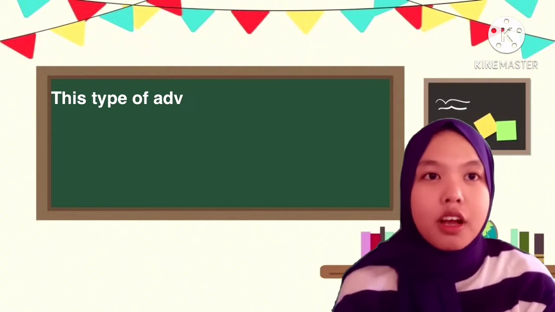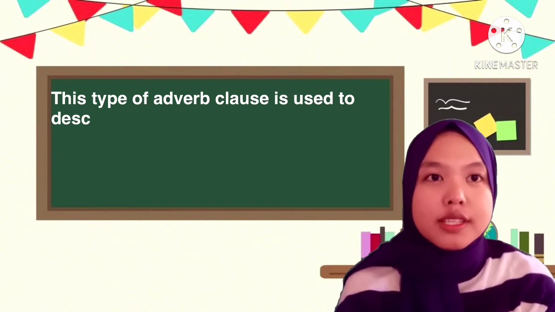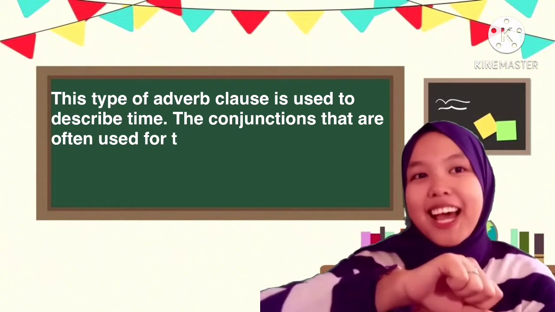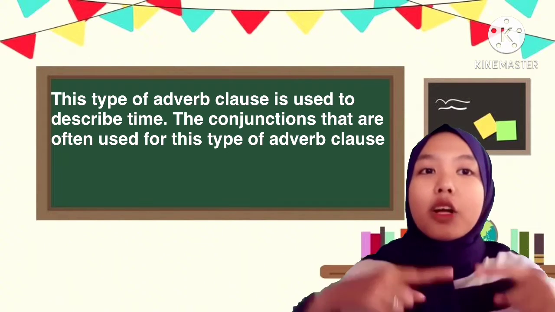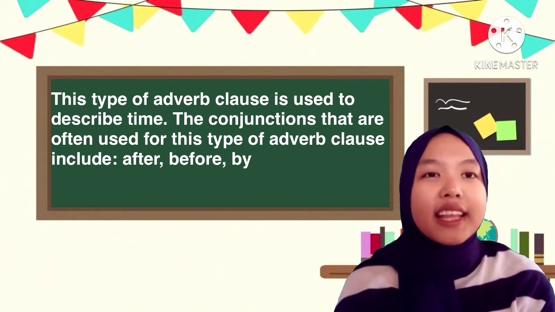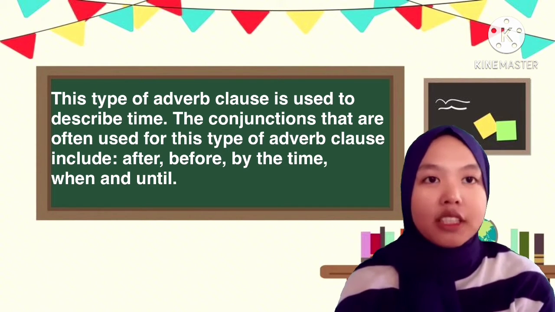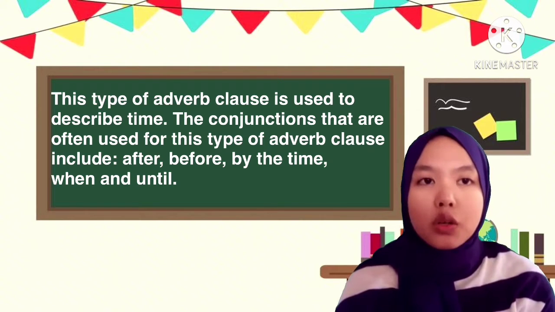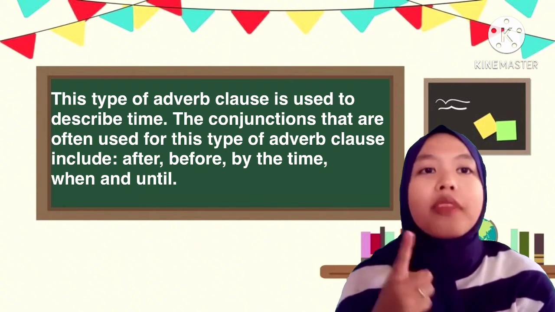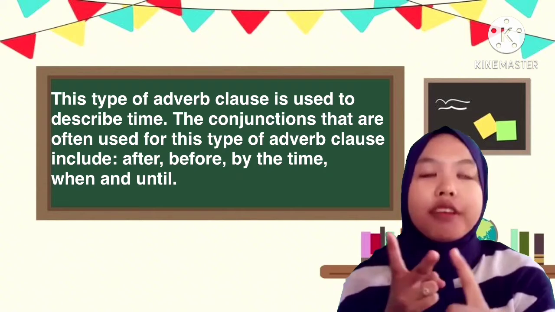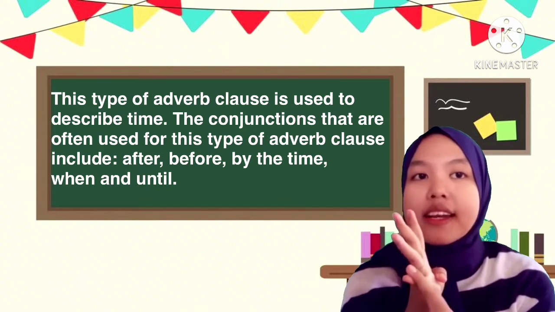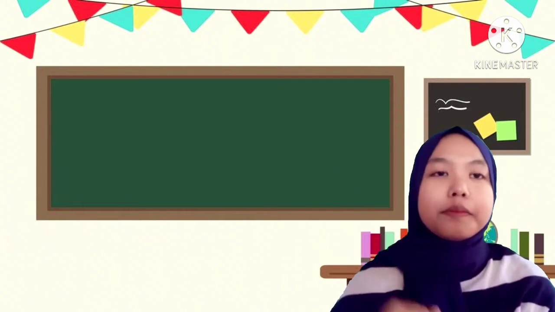Okay, I will explain and give an example of adverbial clause of time. This type of adverb clause is used to describe time. The conjunctions that are often used for this type of adverbial clause include after, before, by the time, when, and until.